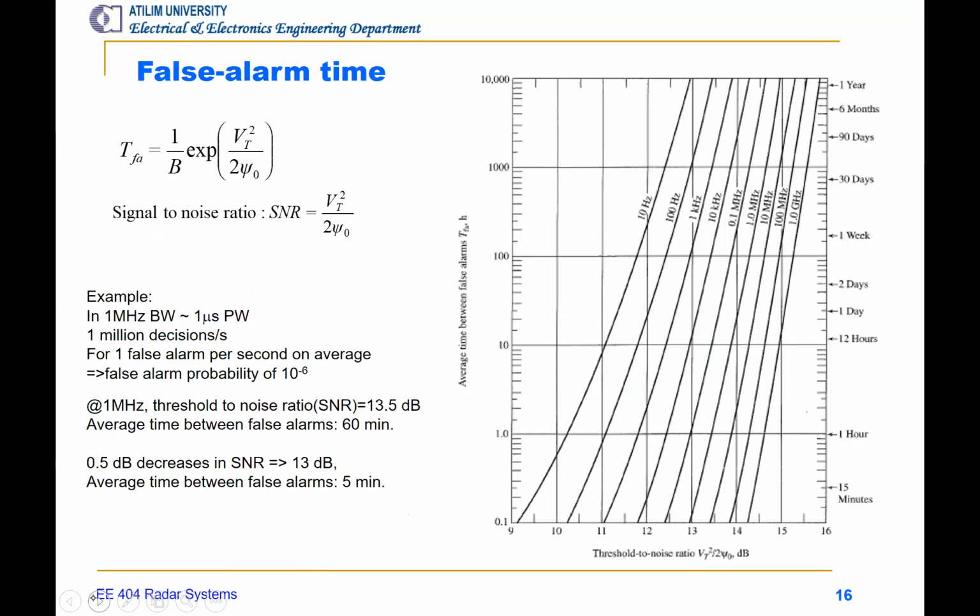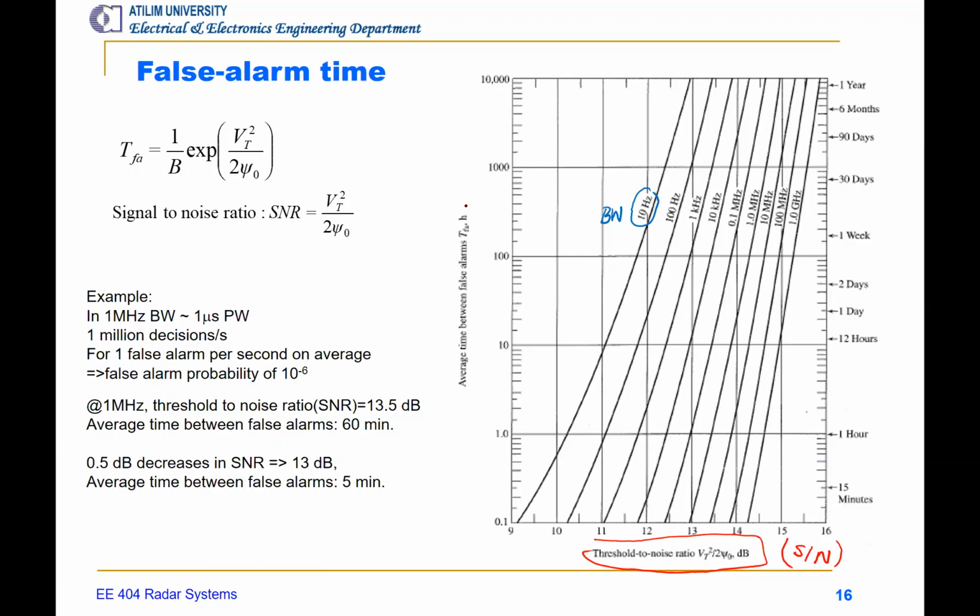So here we got a graph with many curves. These are the bandwidth, okay? And here we got the threshold to noise ratio, which is proportional to signal to noise ratio, as we said earlier.